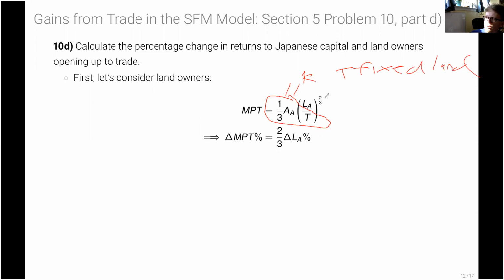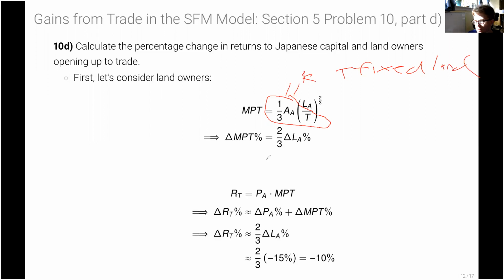And so the only thing that's going to matter for the percent change in the marginal product of land is whatever's changing here, and that's just the amount of labor employed in agriculture. That's raised to an exponent of 2/3, so we just pull that out in front. And so we conclude that the percent change in the marginal product of land is 2/3 times the percent change in labor employed in agriculture.